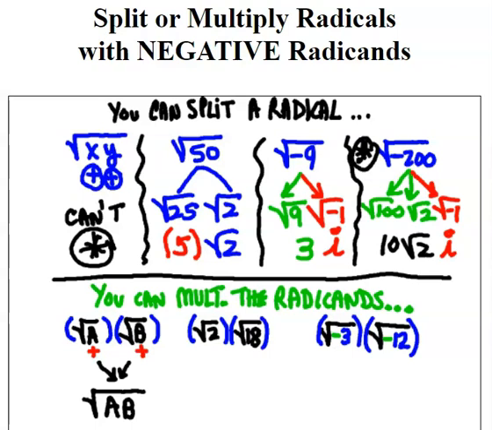We can't always assume that, but as long as we know that they are, we can put them together. But we do need to know they're both positive. So that works out really well here, because radical 2 times radical 18, we can multiply the radicands and get radical 36, which simplifies as 6.